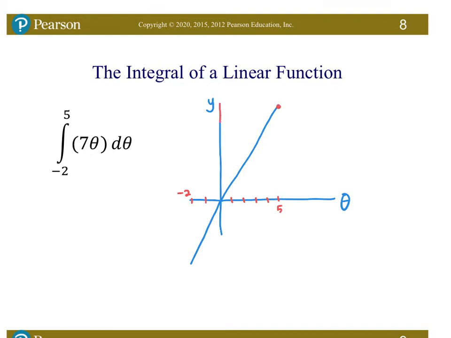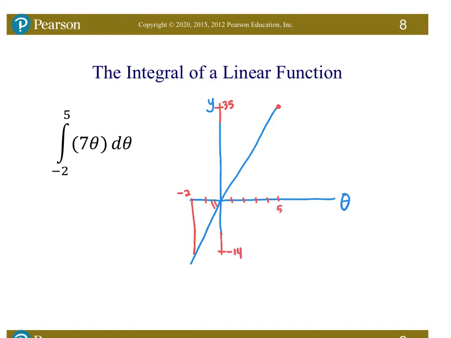All right, so the height up here at +5 is 35. And down here, that's going to give me a value of -14.